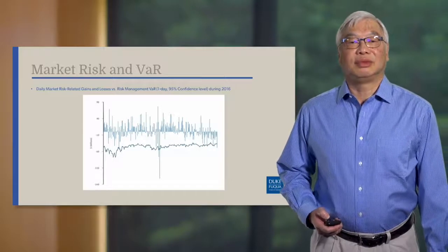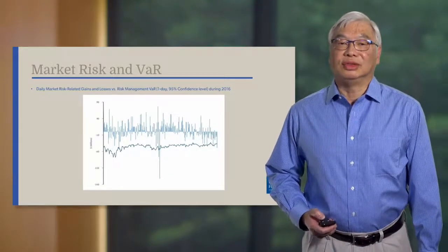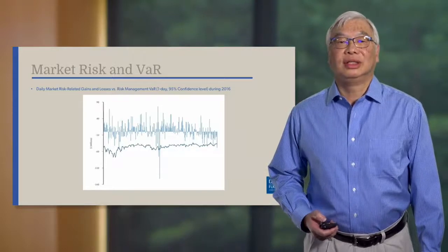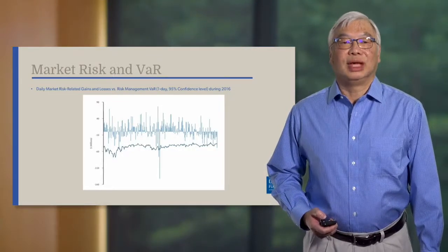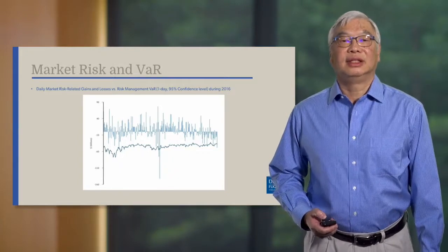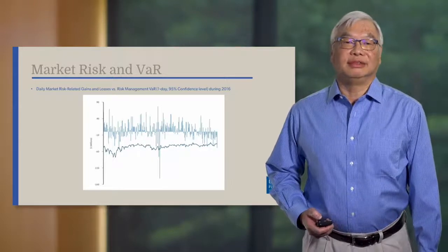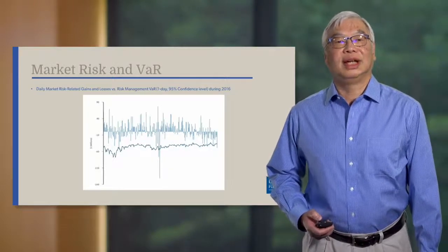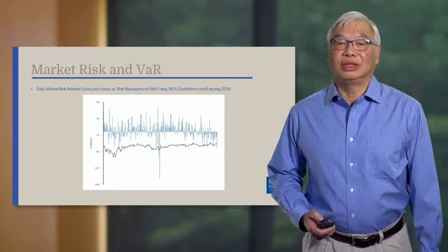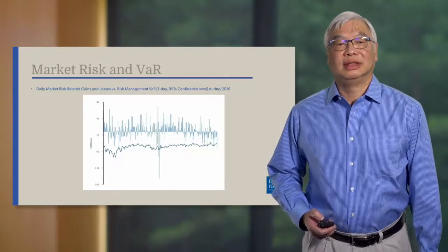The dark line represents the bank's value at risk measure on each of those days. In this chart, JP Morgan is showing a one-day VaR at the 95% confidence level. This is always a negative number. The losses for that day should be no worse than the VaR with 95% probability.